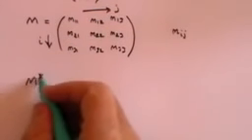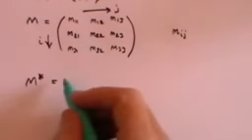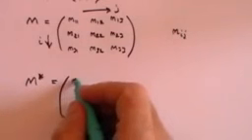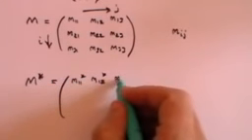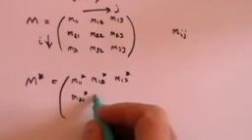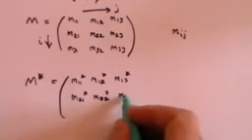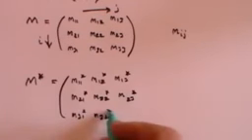Now, I can create a complex conjugate of that matrix, which we call M star, and guess how I do it? You're absolutely right. We simply take the complex conjugate of each element in the matrix. So for each element I simply put a star, meaning that each element of the matrix has been complex conjugated.